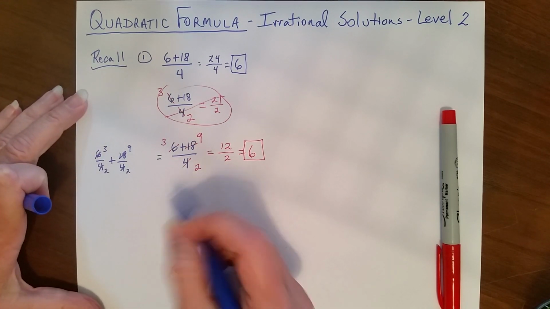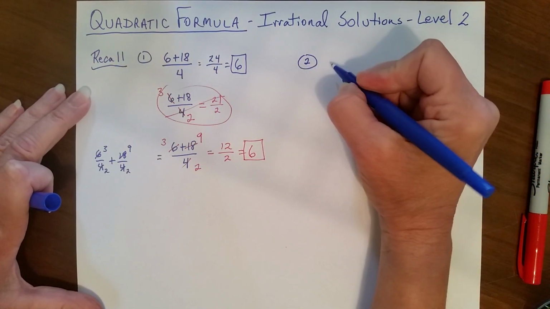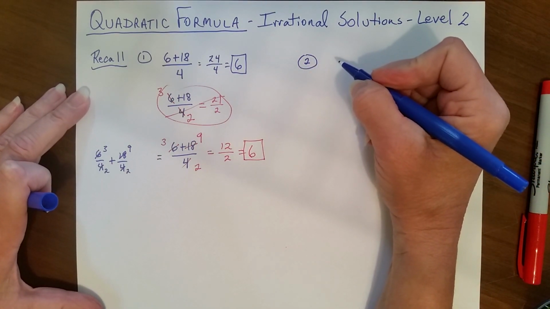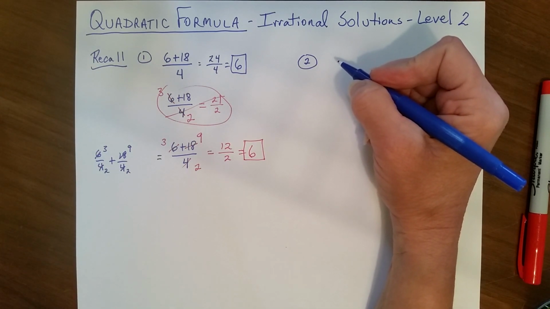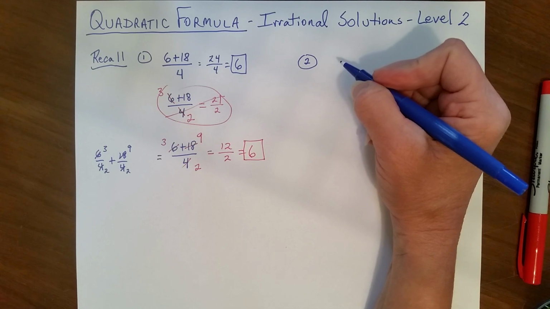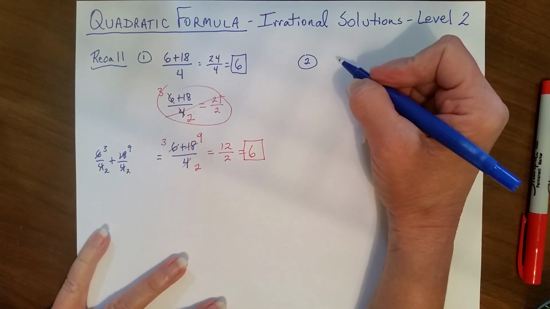Okay, the second thing I want you to recall, number 2, is what we did before when we simplified radicals. Okay, we did this on April 16th and 17th, simplified radicals.